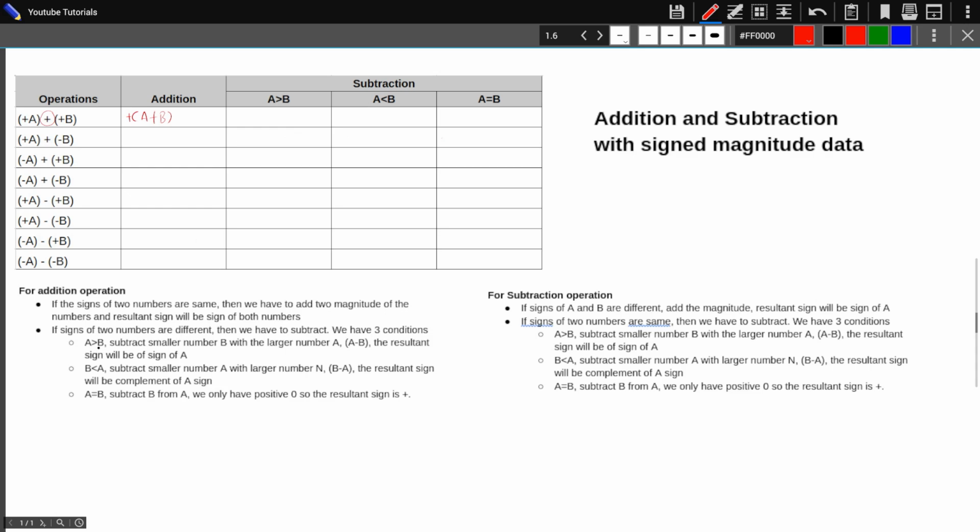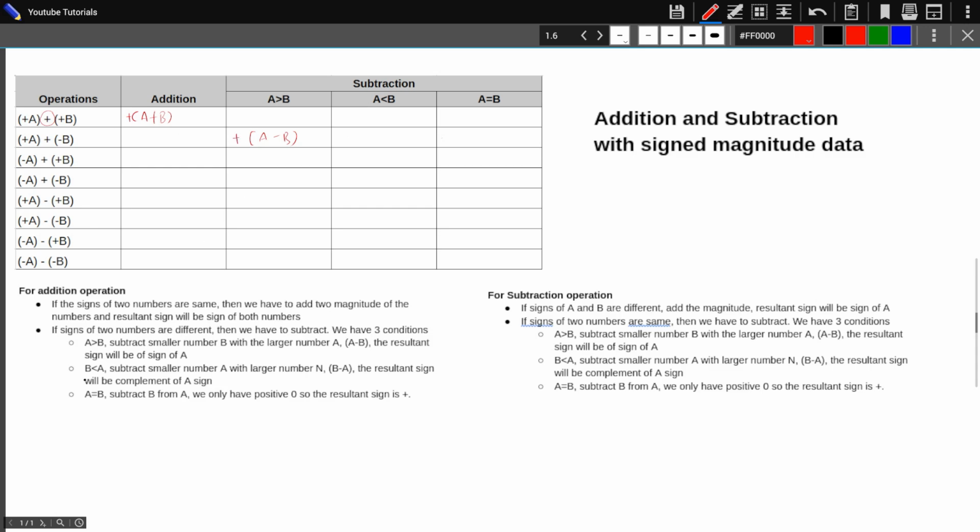For the first case, if A is greater than B, subtract the smaller number B from the larger number A, meaning perform A minus B, and then the resultant sign will be the sign of A. That means we do A minus B and the final sign will be the sign of A, which is positive.